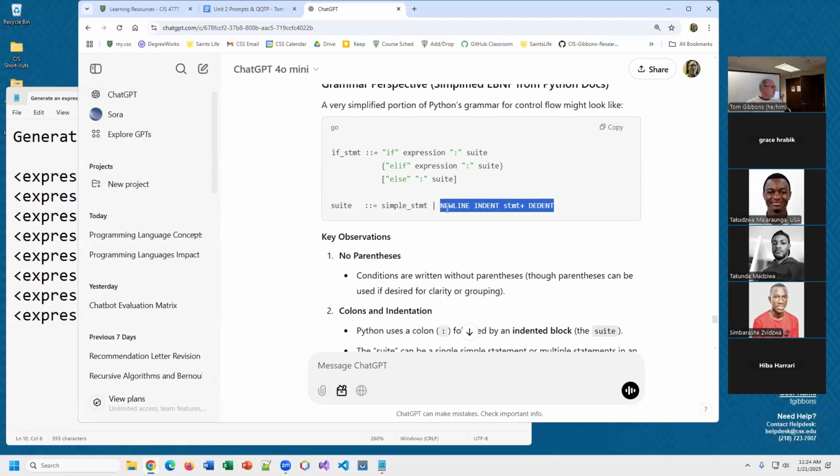Did anyone else get, what did yours say as far as how you generate an if-then statement in Python? You should look at yours and see if you can make sense of it, and if you think yours makes more sense than this, and how they set that up.